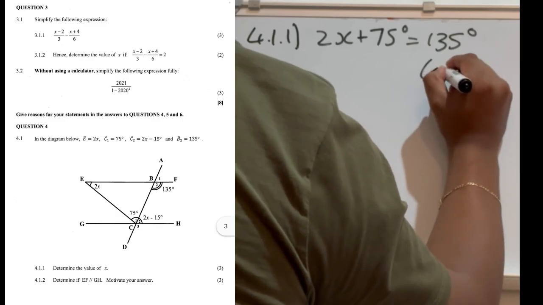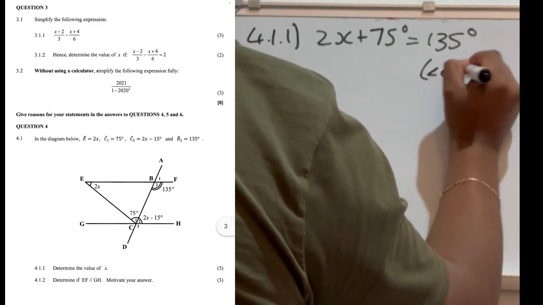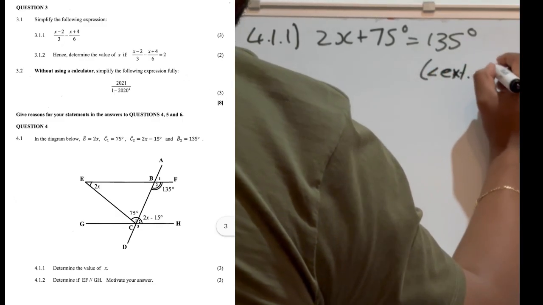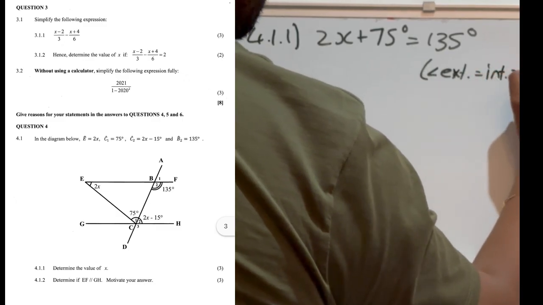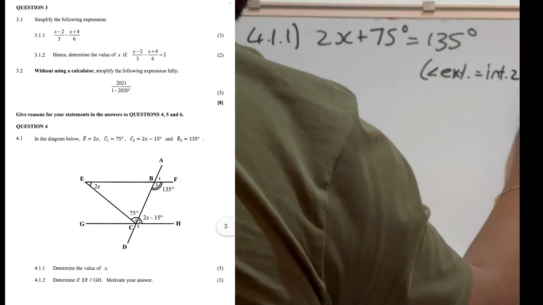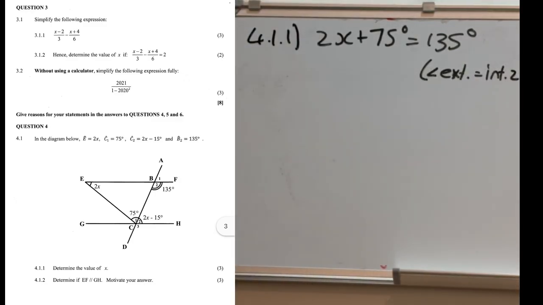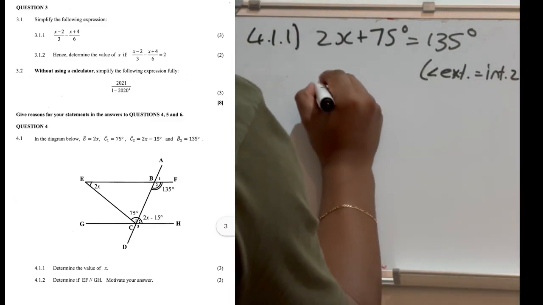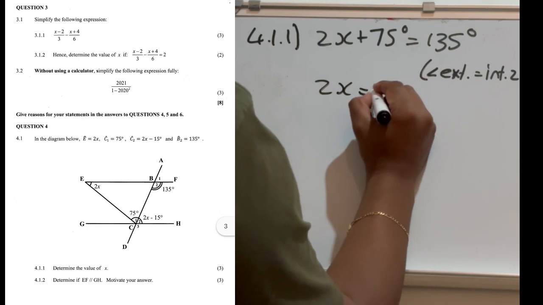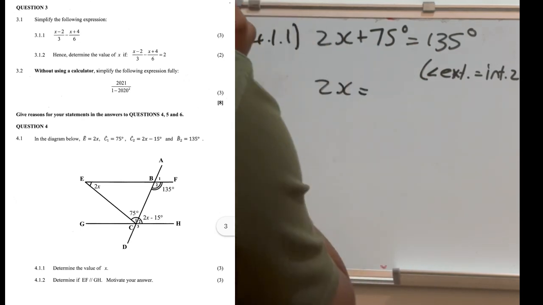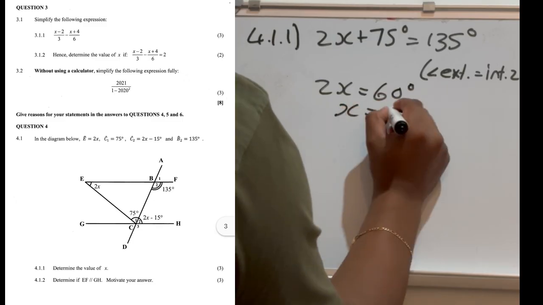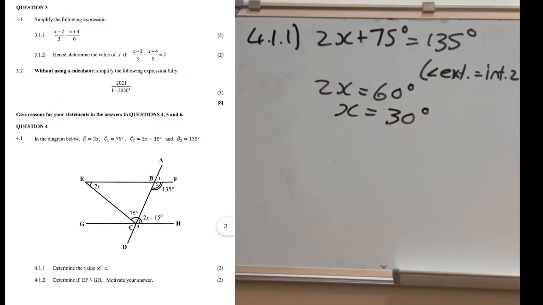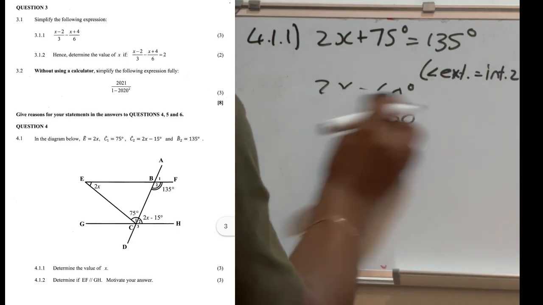Exterior angle is equal to the sum of the two interior angles. Okay? So then the way we're going to get x, we're going to say 2x is equal to 135 minus 75, which is just 60, and then x is just 30 degrees. Okay? So x is 30.